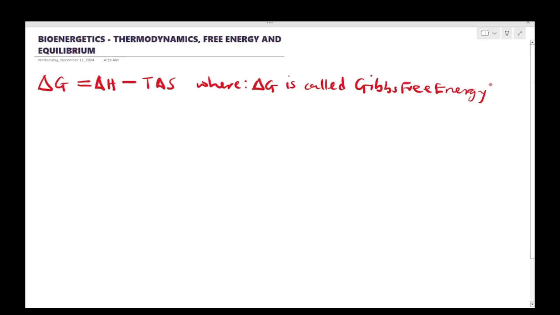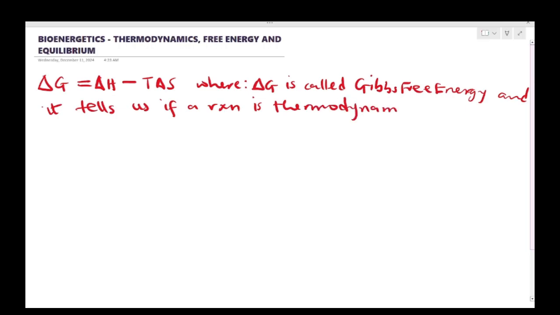And it tells us if a reaction, as written, is thermodynamically favorable.